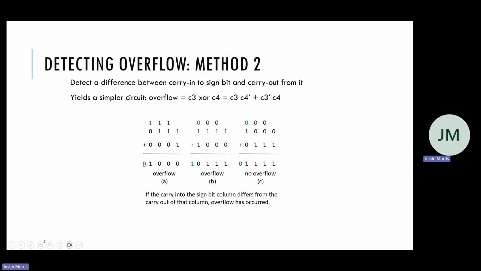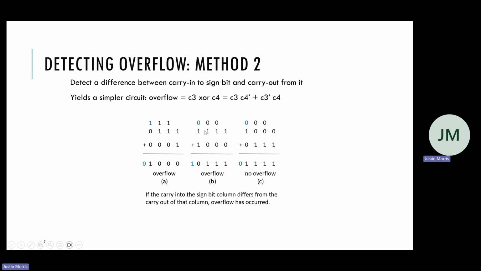So my carry out, or C4, is 0, because there is no carry. And I take the XOR of C3 and C4, the result of 1 XOR 0 is 1, right? So that means there's overflow. Rather than checking the sign bits here and checking that with this.